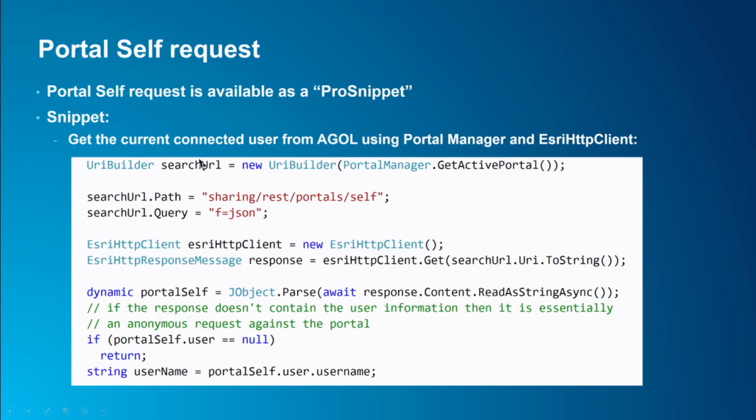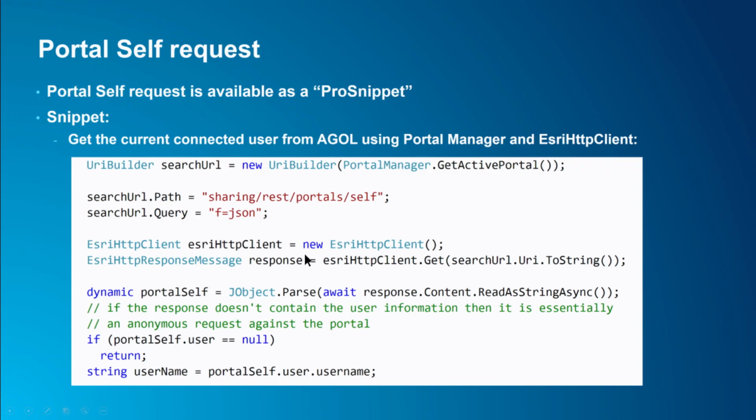So here you see the snippet where we get the current connected user from ArcGIS Online. We build a URL, and this would be the query path that you need to specify for a self request. So it would be sharing REST portals self. And then we specify the format, it's always JSON.